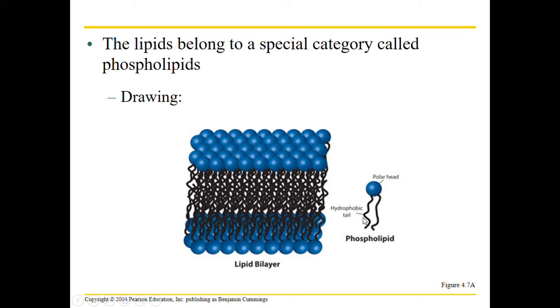What happens is they form this bilayer where in the middle they have these tails that stay together and don't touch water, and on the outside we have these phosphate heads, so right here and right here.